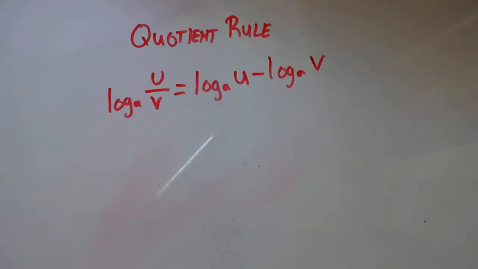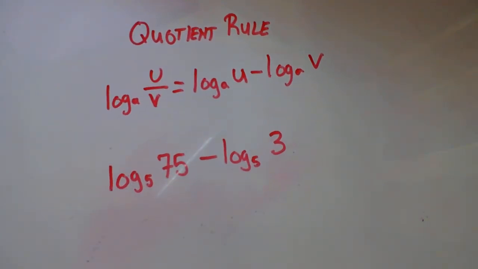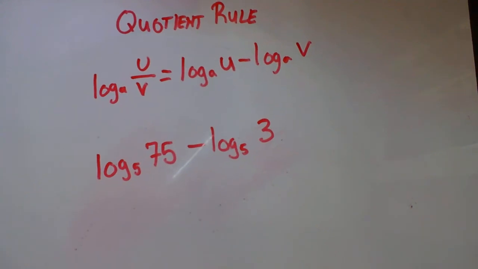So we have this rule. Consider something that looks like this. Log base 5 of 75 minus log base 5 of 3.